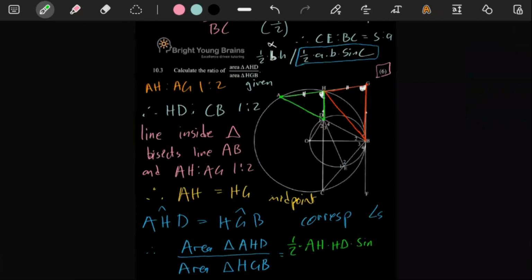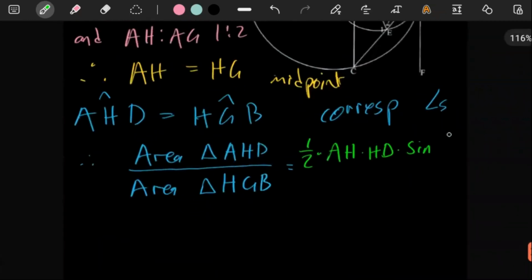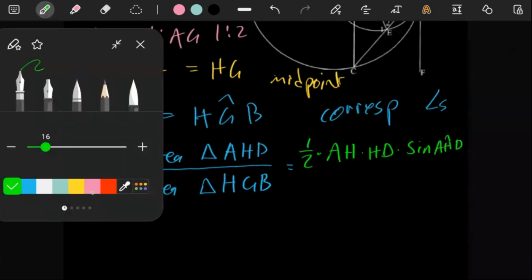The angle here we can call AHD. There we go. We're going to do the same for the bottom.